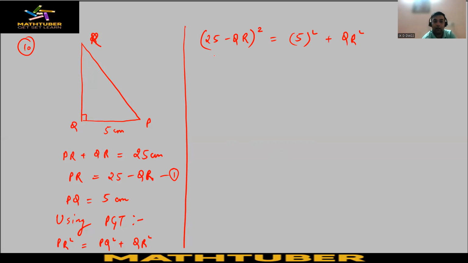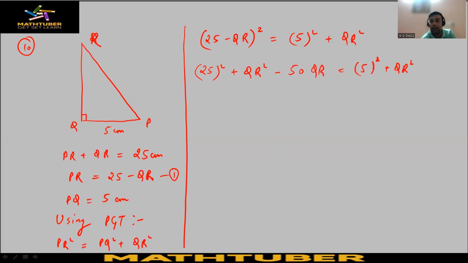So now if we apply the identity A minus B whole square, it will be 25 square plus QR square minus 50 QR, that is A square plus B square minus 2AB, is equal to 5 square plus QR square.